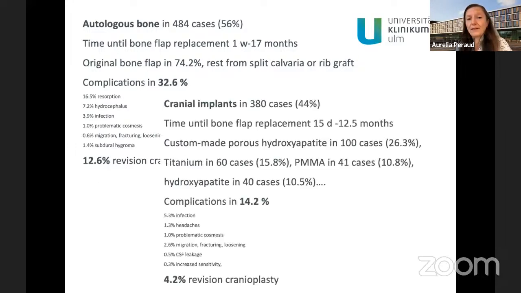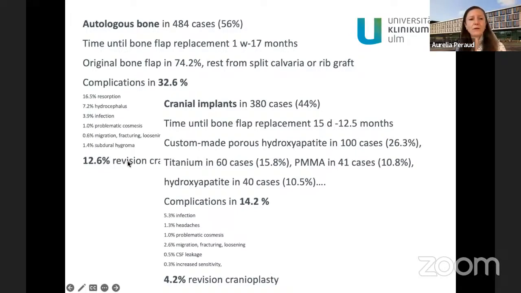Then they compared another group of patients mentioned in these 24 studies, almost the same amount, again with a very wide range of reimplantation times. In this group, all kinds of implants were used: hydroxyapatite, titanium, PMMA, and so forth. Their complication rate, in summary, over these 24 papers was only 14.2%, so much lower.